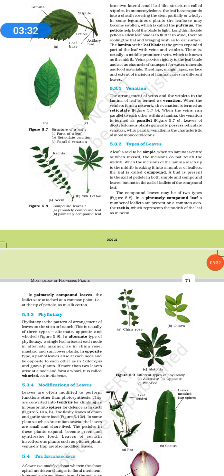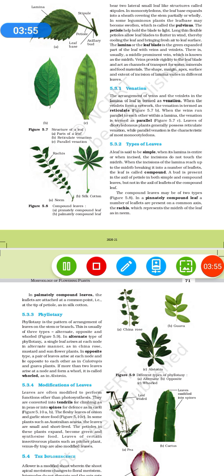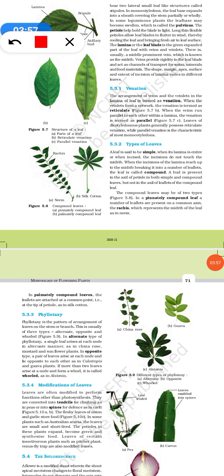In pinnately compound leaves, the leaflets are present on a common axis, and in palmately compound they are attached to a common point. So if it is on the common axis, it is pinnately. Let me show you. Check this: this is pinnately, where the leaflets are present on a common axis.